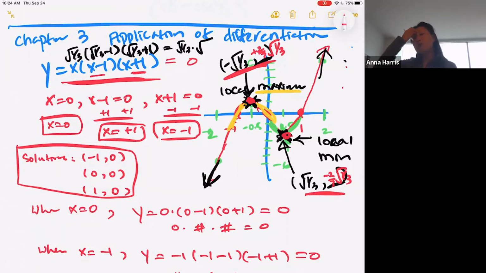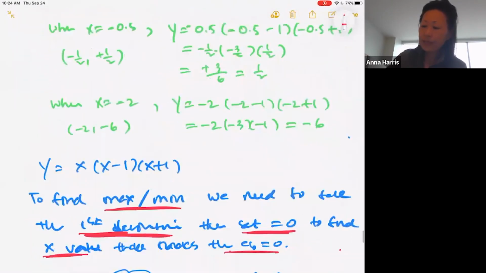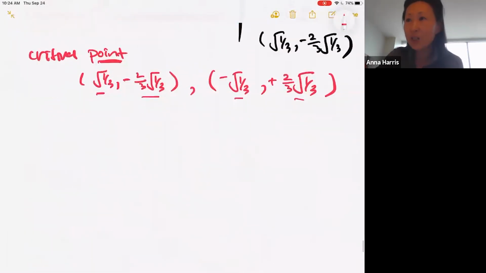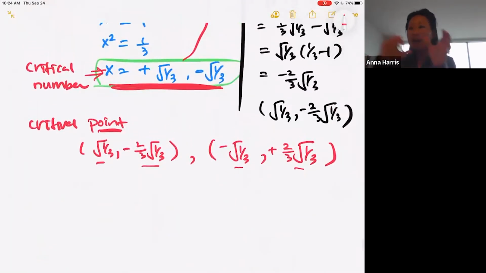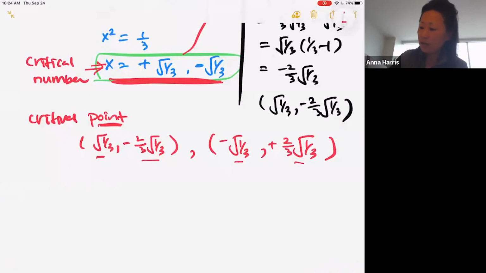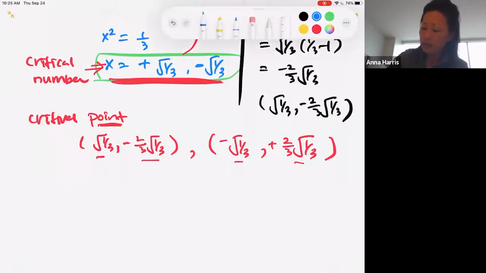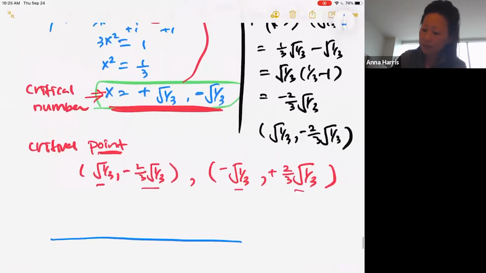Now we took the first derivative. I'm going to eliminate using just algebra, but I want to do everything in terms of calculus. So after you found a critical number, I want you to draw a number line and point out your critical numbers.